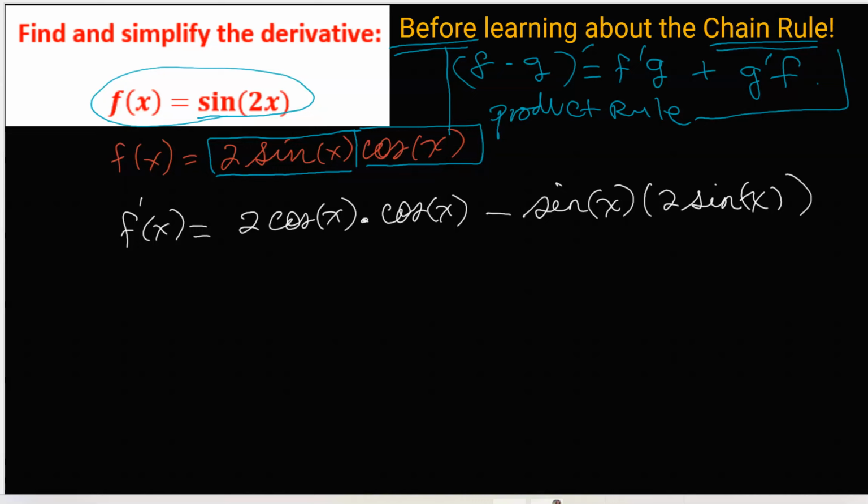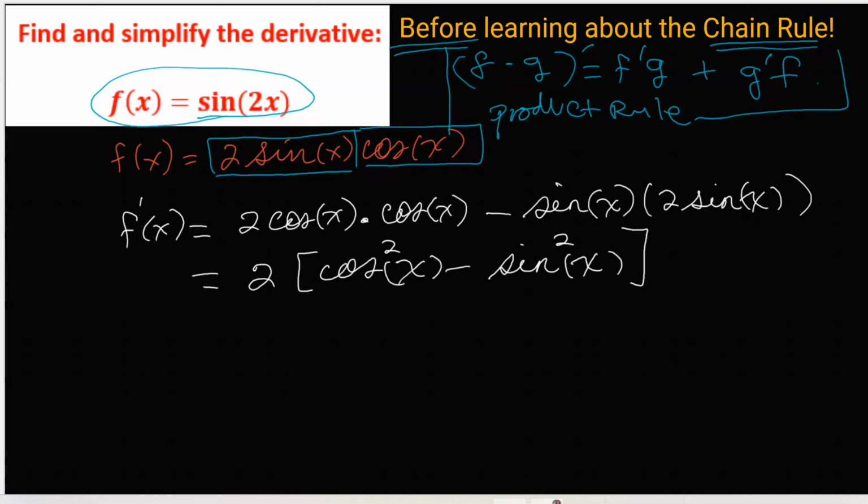So they both have a 2, so I'm going to go ahead and factor out the 2, and that becomes cosine square of x minus sine square of x. And then you would be thinking, oh my gosh, isn't that another identity?